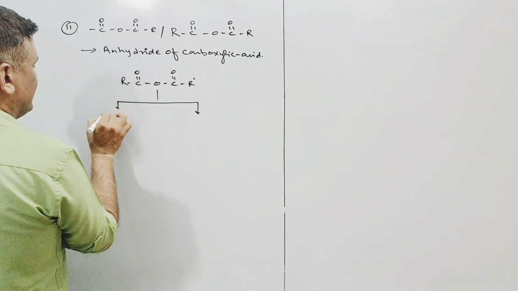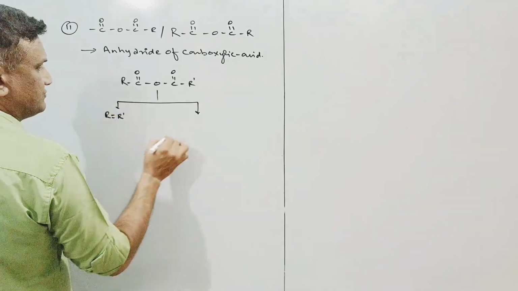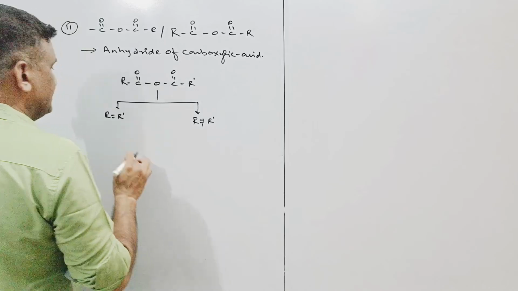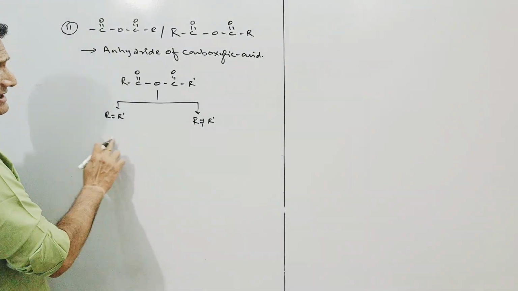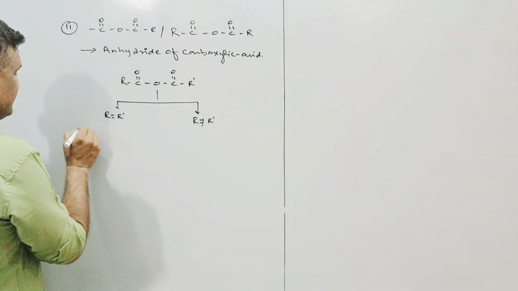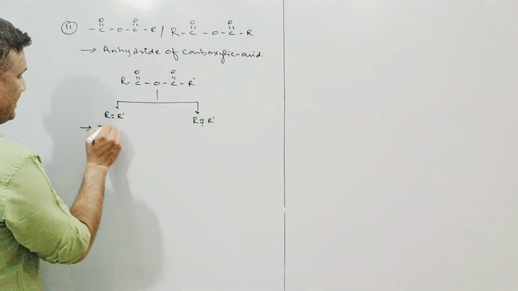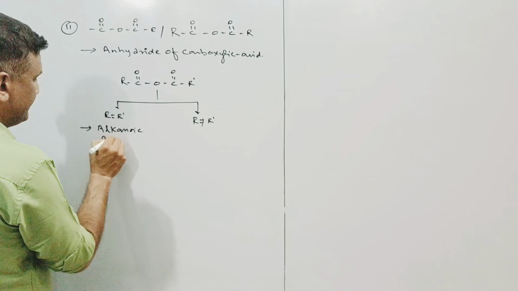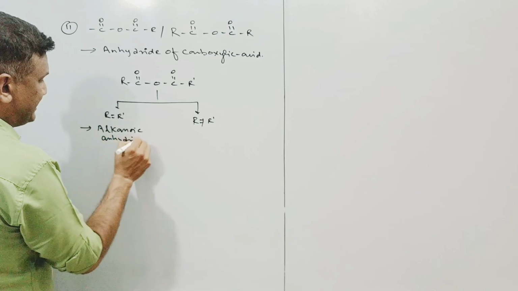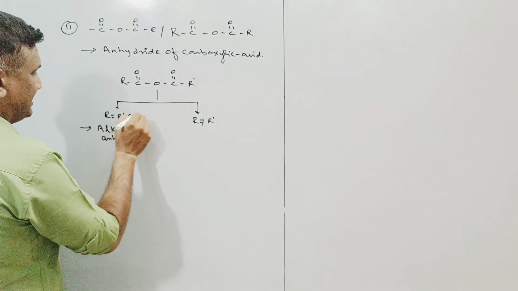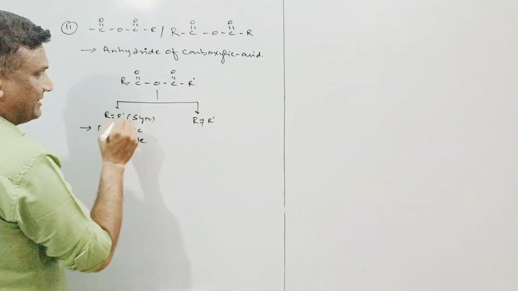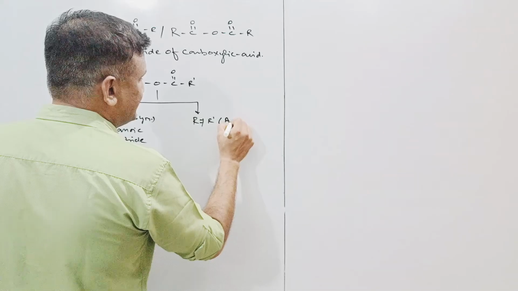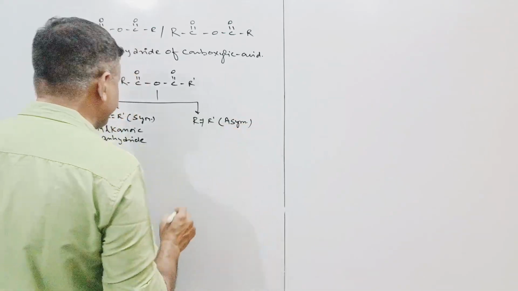If both alkyl groups are same, R is equal to R dash, and when both are different, R is not equal to R dash. When both are same, then it is called alkanoic anhydride, because we'll take only one segment. This is called as symmetrical anhydride, and when R is not equal to R dash, then it is called as asymmetrical anhydride.